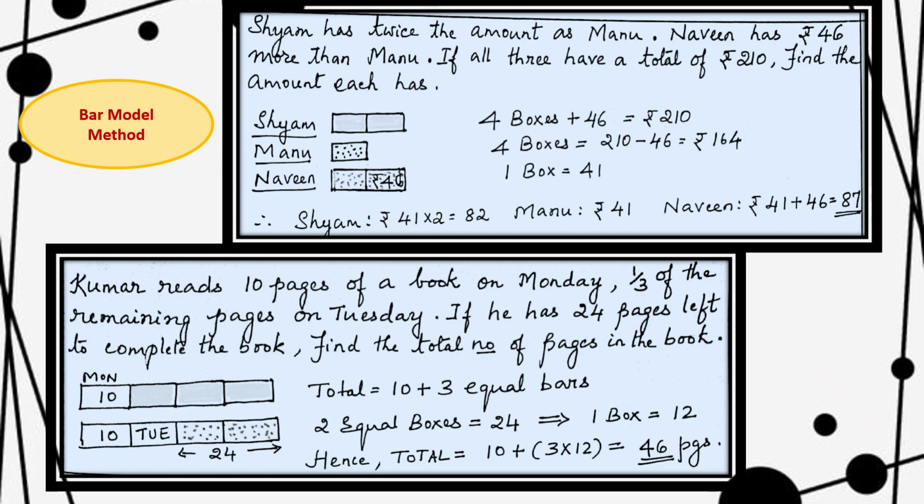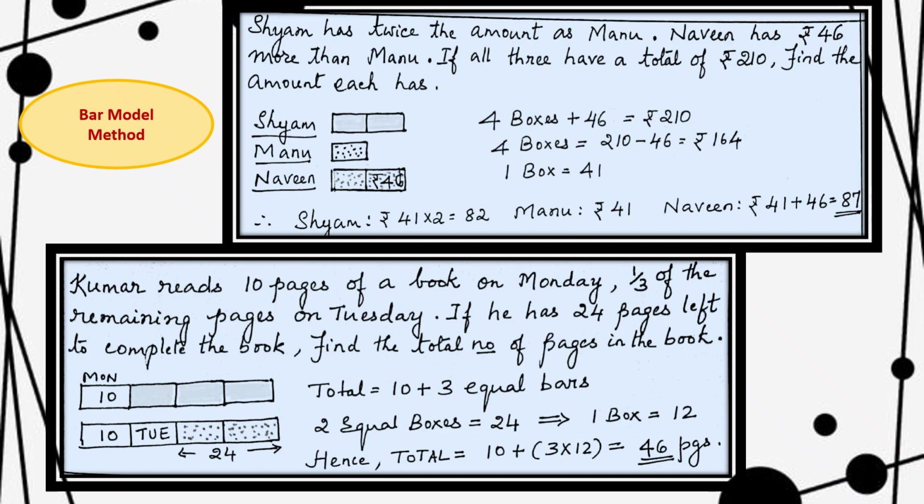Kumar reads 10 pages on Monday, so I have written Monday 10 there, and one third of the remaining pages. So remaining there are 3 boxes. Among these 3 boxes, one he is reading on Tuesday. And if he has 24 pages left to complete the book, it means that 2 more boxes are 24. Among the 3 boxes, one is read on Tuesday and 2 remaining are 24.